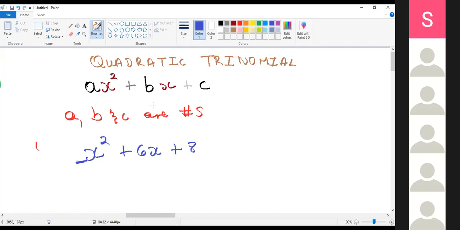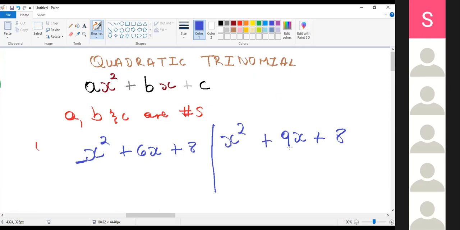So when you see it, you need to know that it's a quadratic trinomial because it is factorized differently, right? So if I give you one that goes x squared plus 9x plus 8, what is A in this one? 1, A is positive 1.